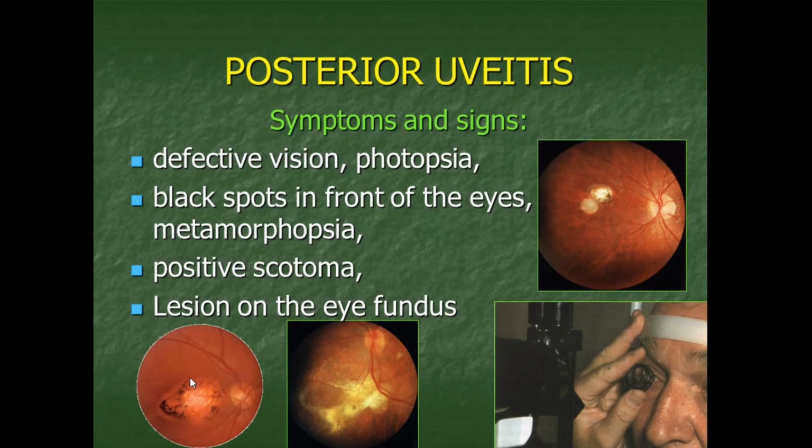Where is this lesion situated? If in the center of the retina, the patient has a lot of complaints of bad vision. If it's in the periphery, the patient in some cases doesn't have any complaints.